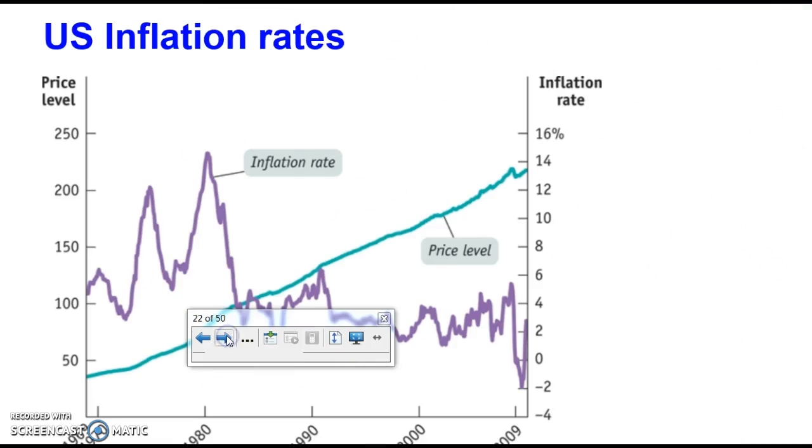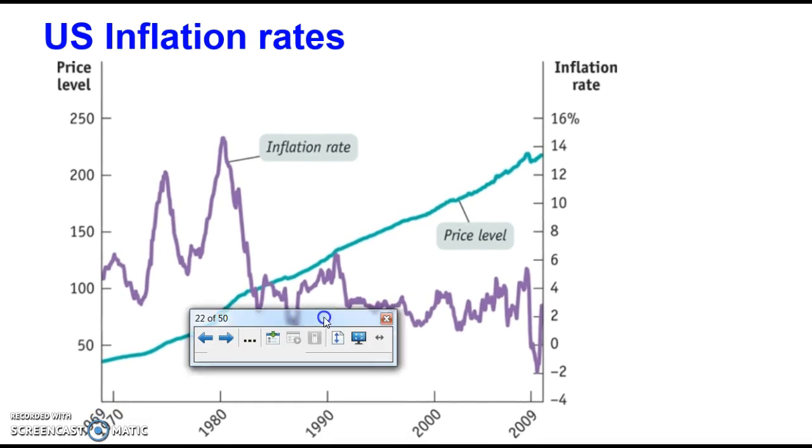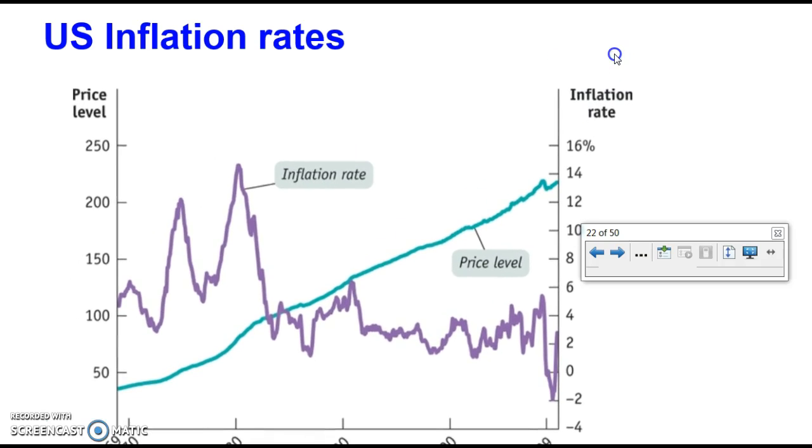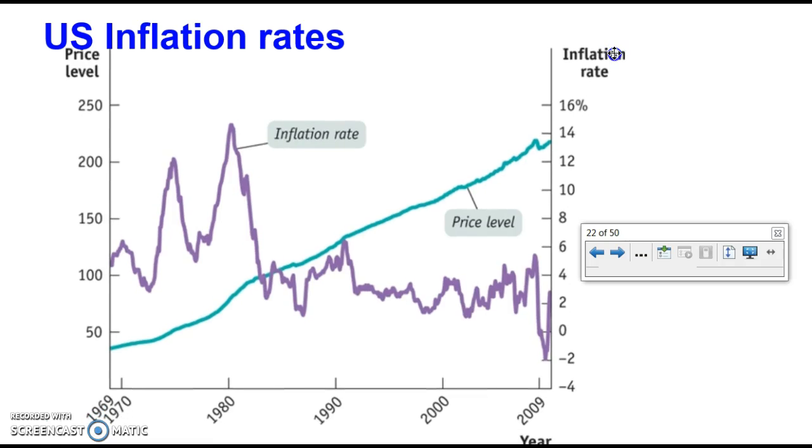Okay, so this is just a little graph to show you what U.S. inflation rates actually look like and what happened to the price level. So keep in mind that inflation rates are over here. There's a little spot over here where inflation rates are actually negative, right?